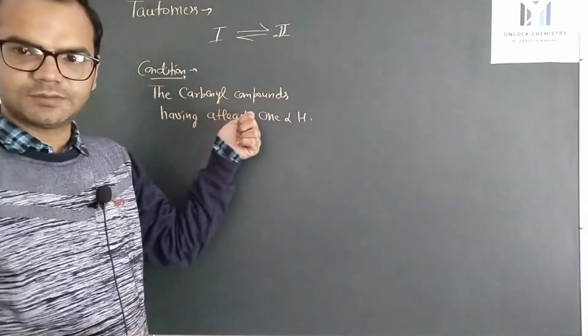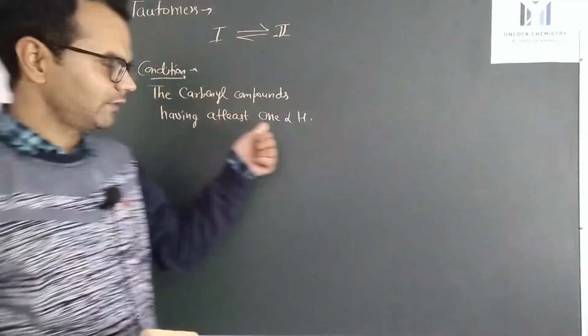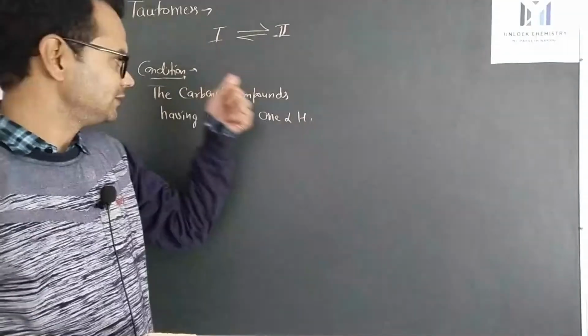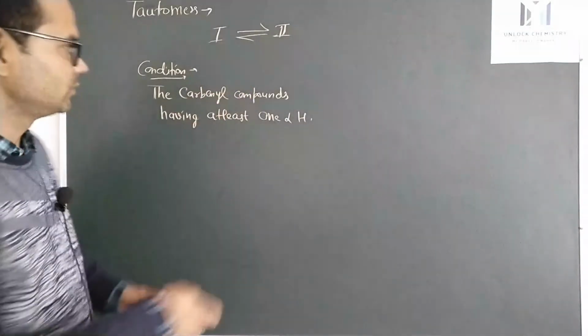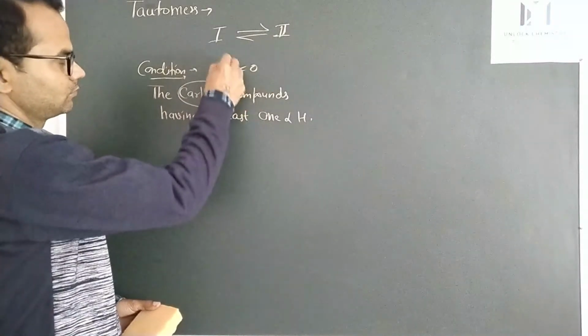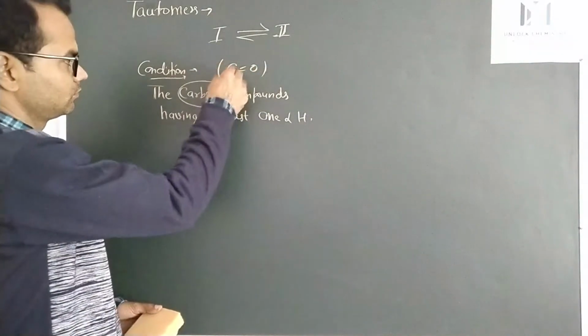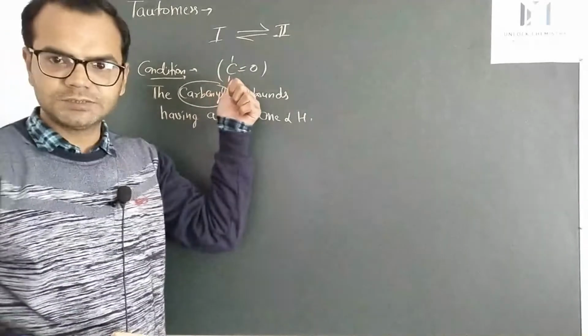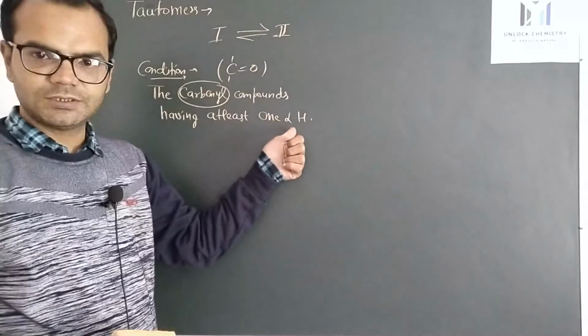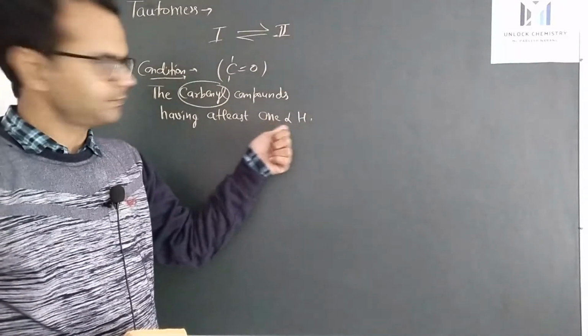The carbonyl compounds having at least one alpha hydrogen, those compounds can show tautomerism or tautomerization. Now carbonyl compounds, this structure is present in aldehyde and ketones. And what is alpha hydrogen? The hydrogens which are attached with the alpha carbon.